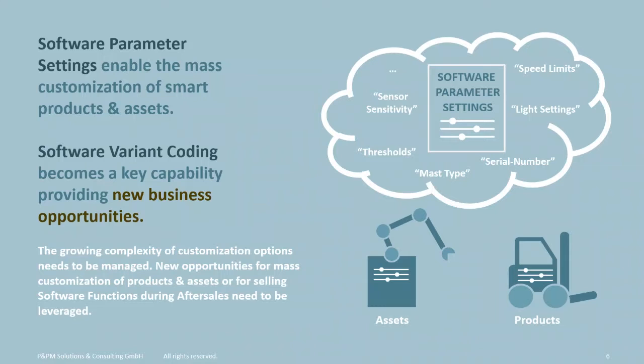So if we take a look at other products, there are a lot more topics and complexities that you can think about. When you think about different manufacturing assets or complex products like a forklift truck, a vehicle, or any other product, you have a lot of different aspects that the software controls, like the sensor sensitivity, different thresholds that need to be configured, different functions like, for instance, speed limits and light settings.